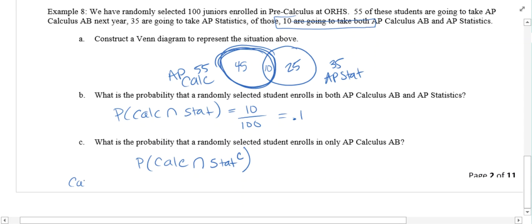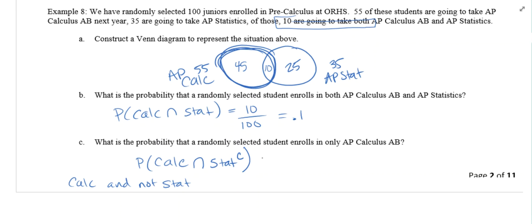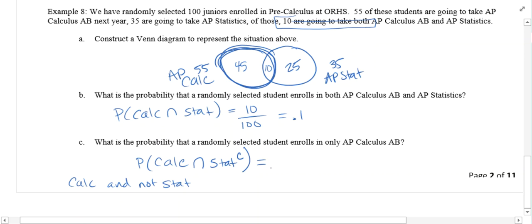So this is calc and not statistics is really what this notation is saying. Where in the Venn diagram, we do not need to do any calculations to find this number. Note to self here, do not multiply. This is what so many people want to do. Do not multiply probabilities here.